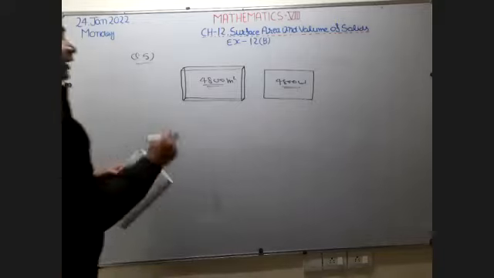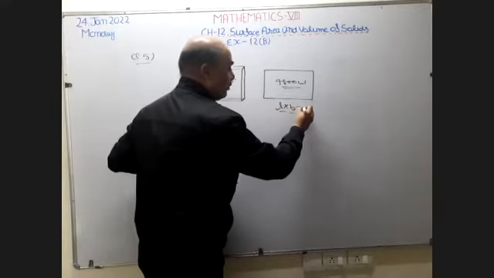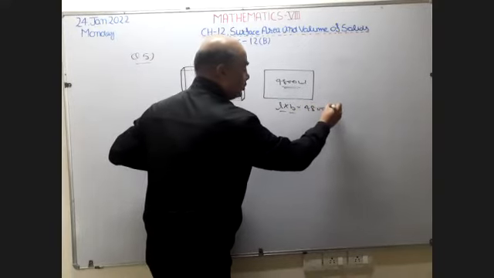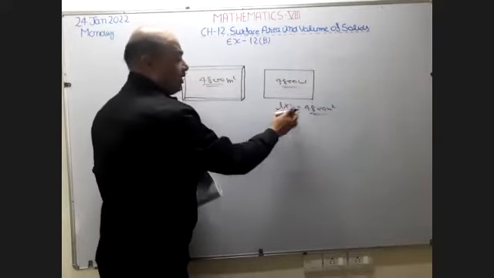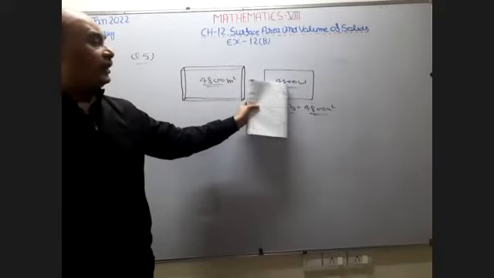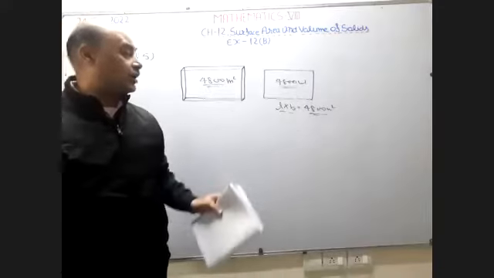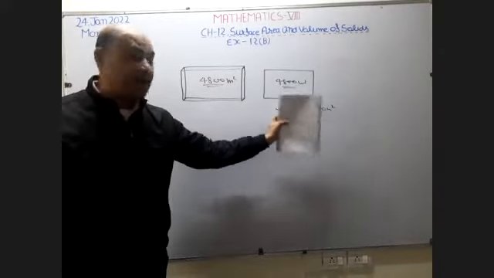The area of a rectangle is L into B, length multiplied by breadth, and it is given as 4800 meters square. I hope it is clear to everyone.